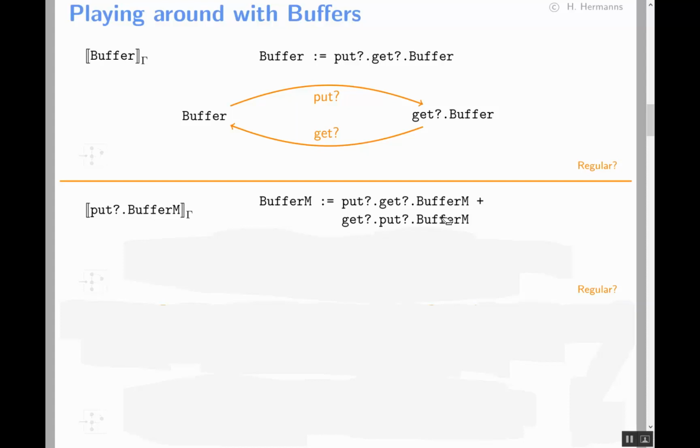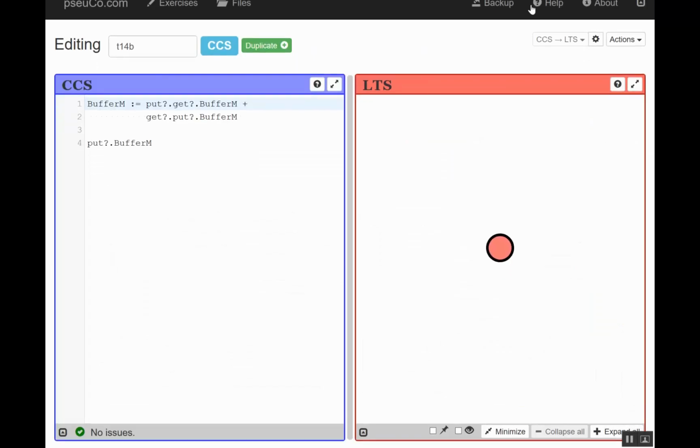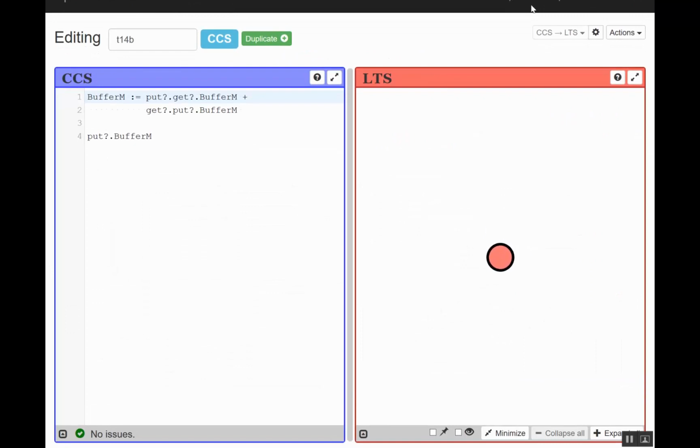Now, we should try to see the semantics of this one. Here we have it. If we look at the semantics, we see that we can do a put, and then we can do another put, like in the first line, or we can actually do a get and we are back to the original.